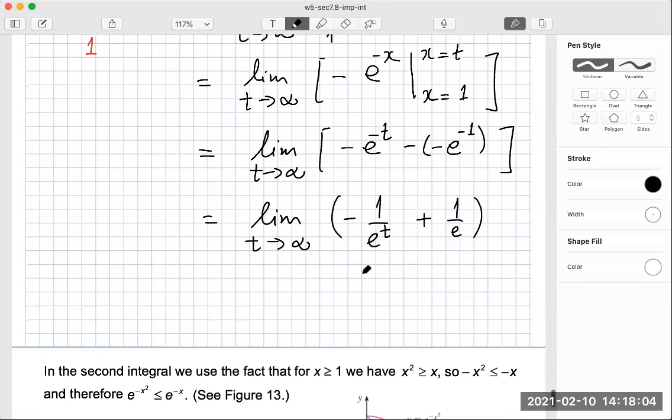So when t goes to infinity, how big is e to the t? Very large. Therefore, 1 divided by a very large number becomes 0. Therefore, the limit here will become simply 1 over e, right?